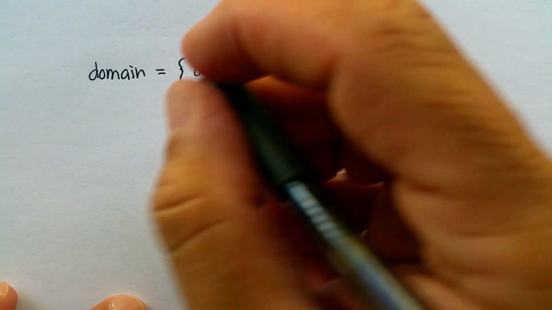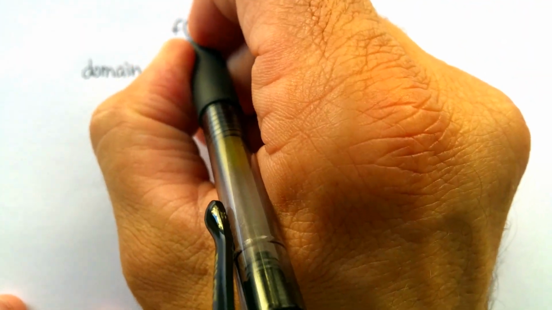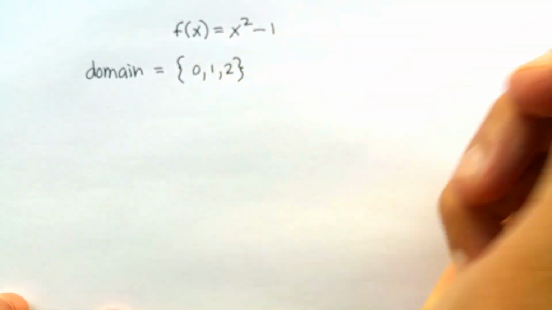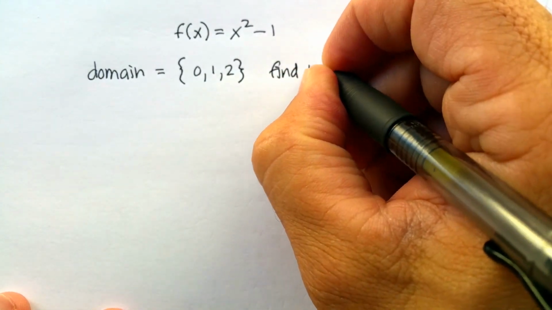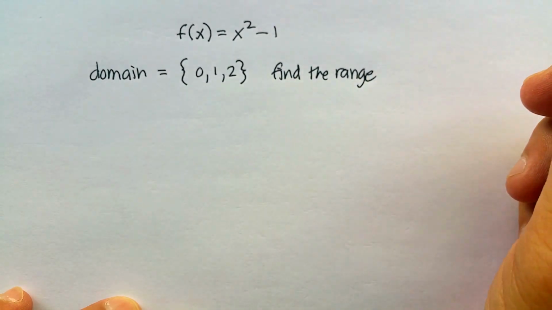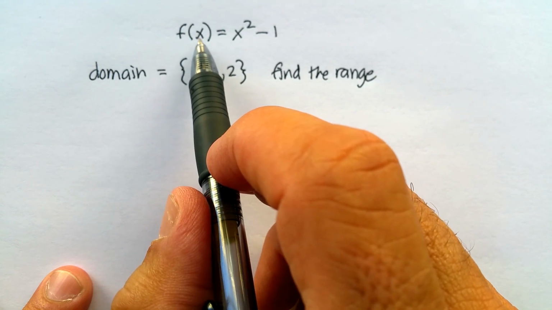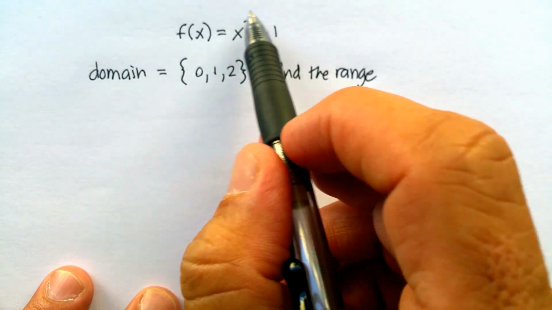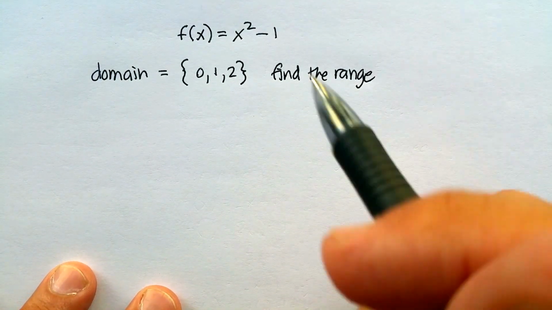And the function is going to be f of x is equal to x squared minus 1. Find the range. How would I do that? Well, basically what I'm saying is I want you to replace all the x's with 0, 1, and 2 and do them one at a time, put them through here, and then find all the possible y values.